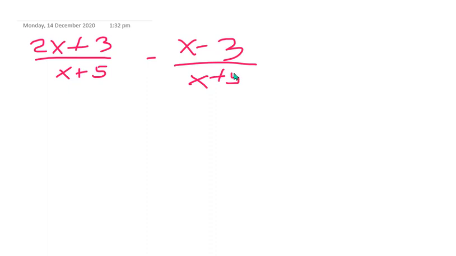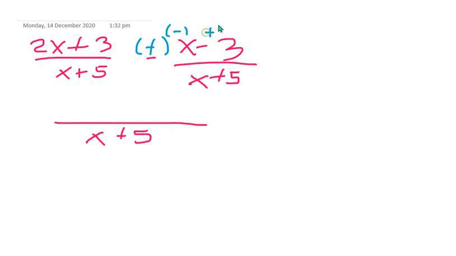So, since this has the same denominator, we copy and change the operation. This becomes positive. This becomes negative. This becomes positive. Okay, so we copy 2x plus 3. This is now minus x. This is plus 3.